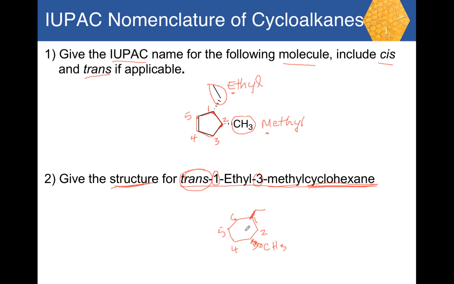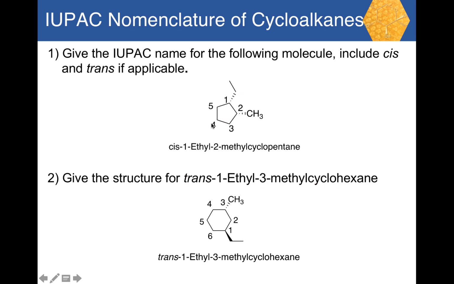Okay? So let us see what's the answer. By the way, I didn't point out, but notice the stereochemistry here, or the cis-trans chemistry here, they are on the same side. So this and this are on the same side, so it has to be cis. Let's see what's the answer.